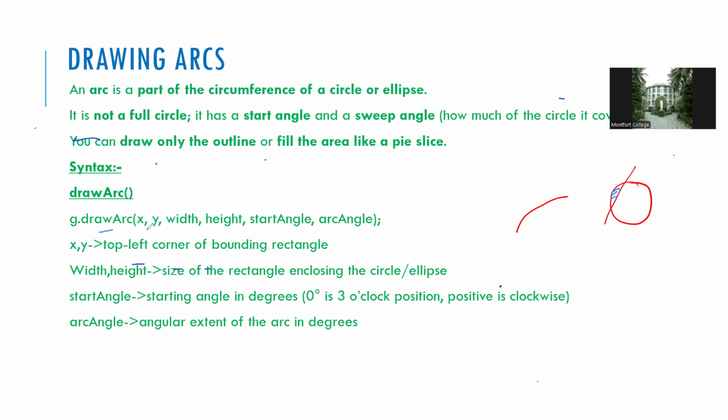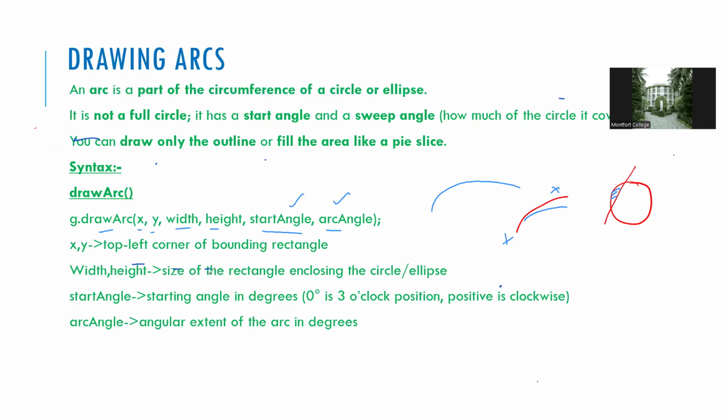So to draw an arc, we need x coordinate, y coordinate, width, height. Additionally, we need the start angle and the arc angle. The arc angle is how the curve bends smoothly, and this angle we have to give. So if you give these two angles, then the smooth transition of the arc happens.